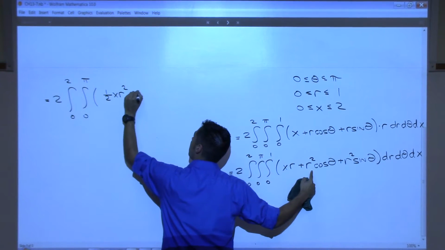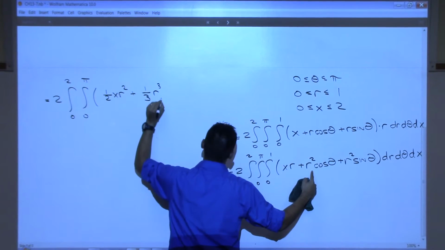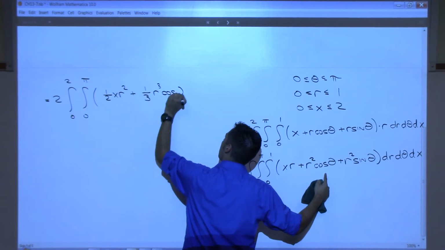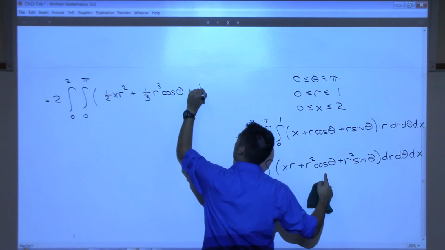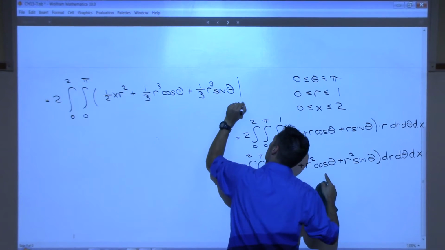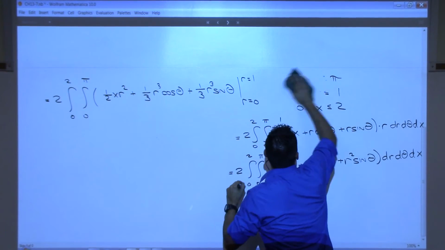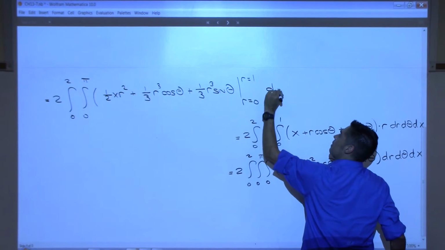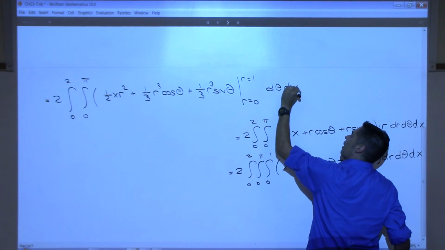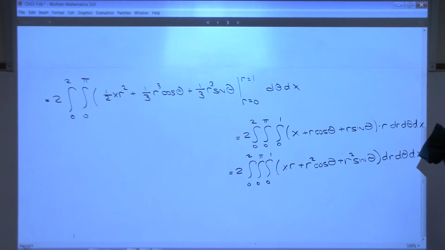Antiderivative here, 1/3 r cubed cosine theta plus the same thing, 1/3 r cubed sine theta, evaluating r equals 0 to r equals 1. And I still have out here d theta dx, right? When we plug in 1 for r, we're going to get some stuff. When we plug in 0 for r, everything goes away.